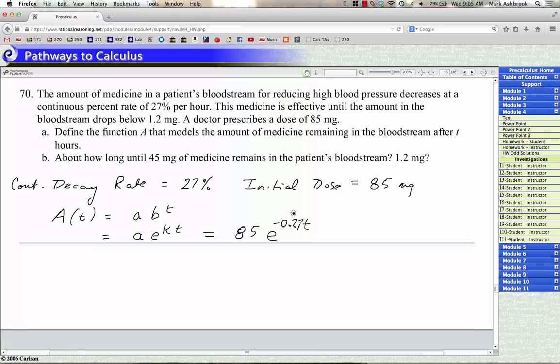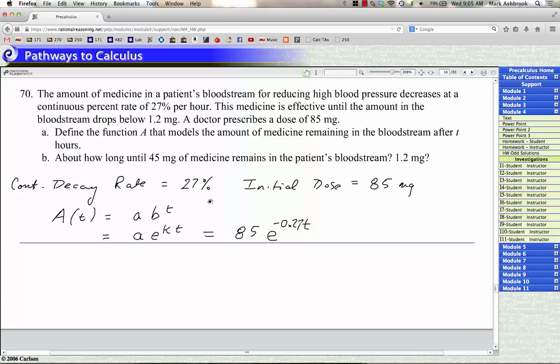How could we then find the true percent decrease per hour? Well, we said it's not going down 27% every hour. It's something a little different than that. How can we know for sure how much it's going down per hour?